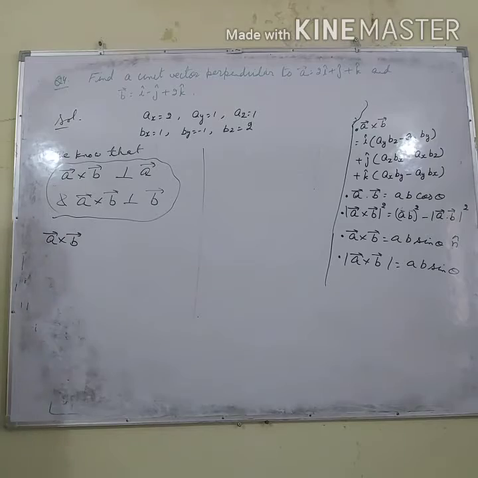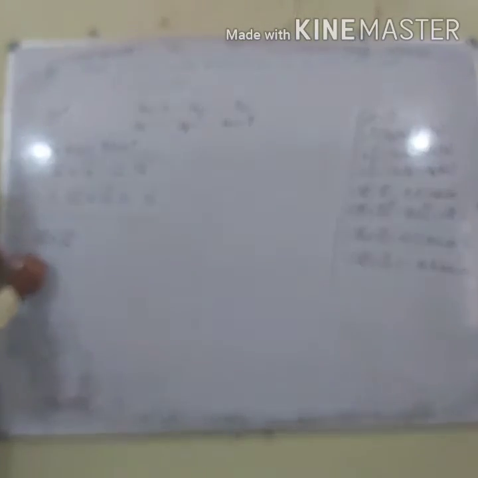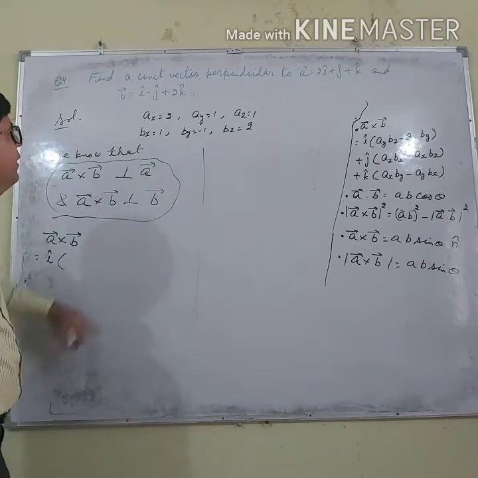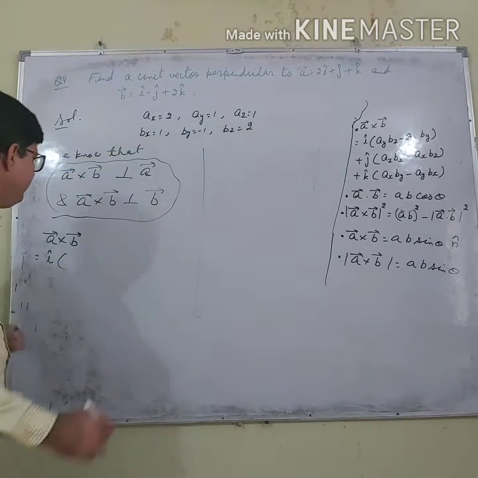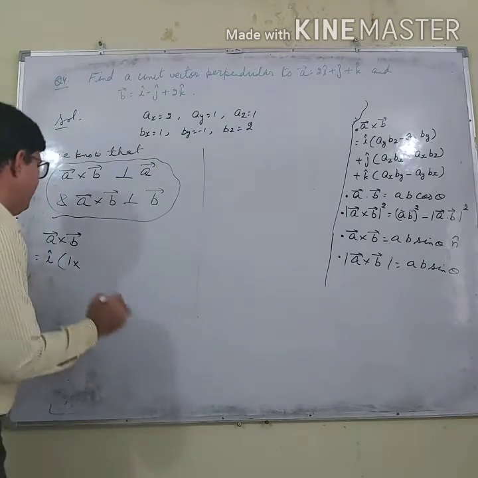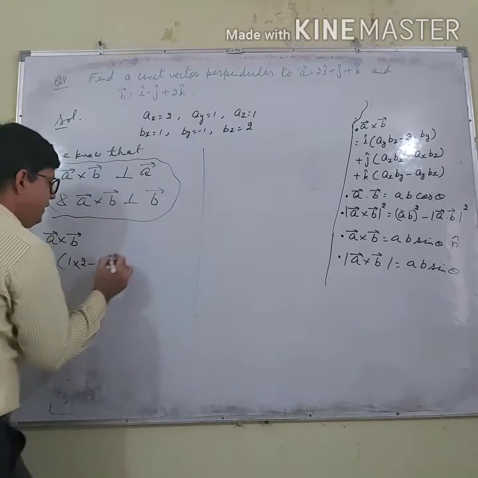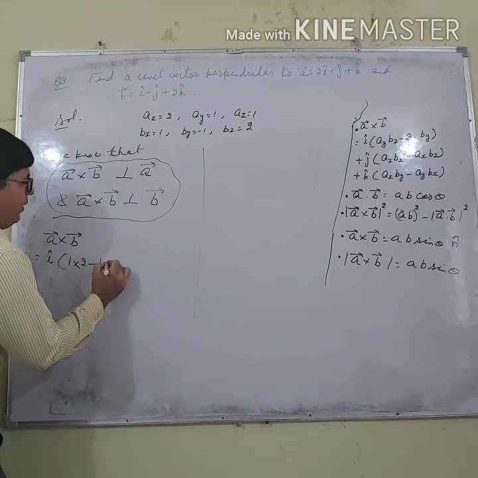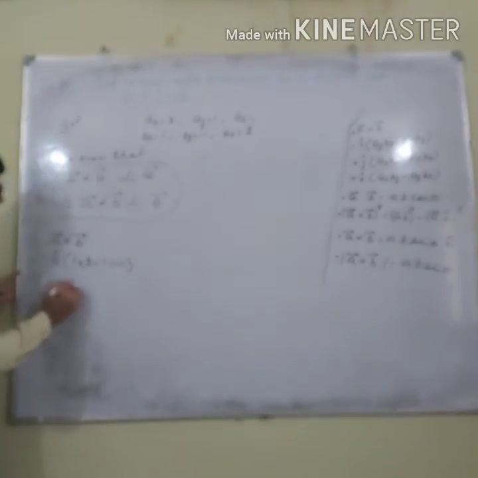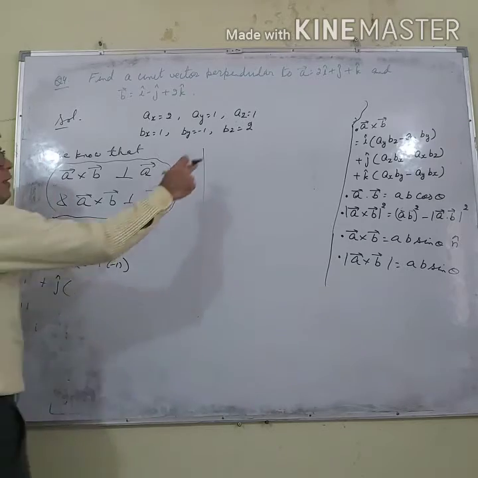To find out A cross B, just put the values in this equation. So let me put the values. I cap equals AY. What is AY? AY is 1, multiplied by BZ. BZ is 2, minus sign, multiplied by AZ and BY is minus 1. Now J cap means Y axis, so remove the term of Y axis.